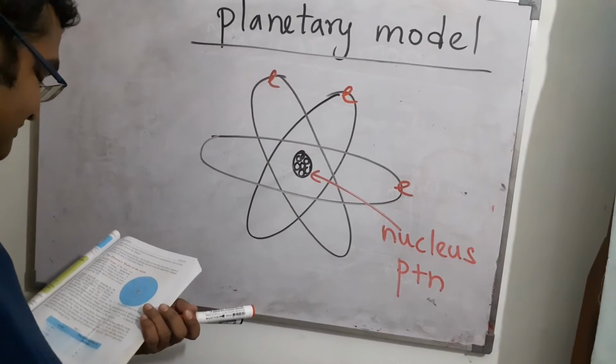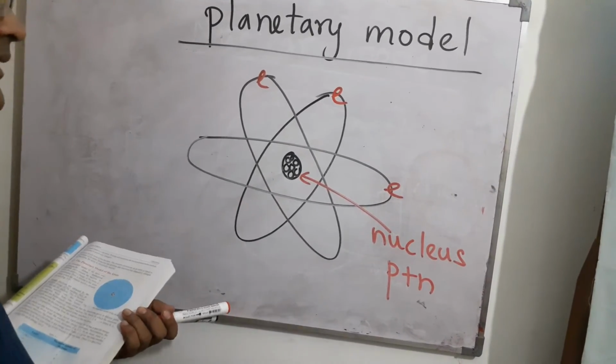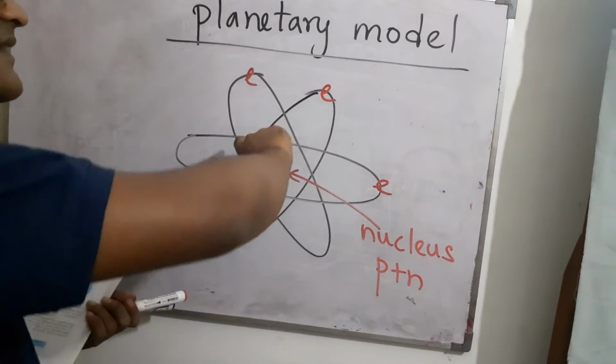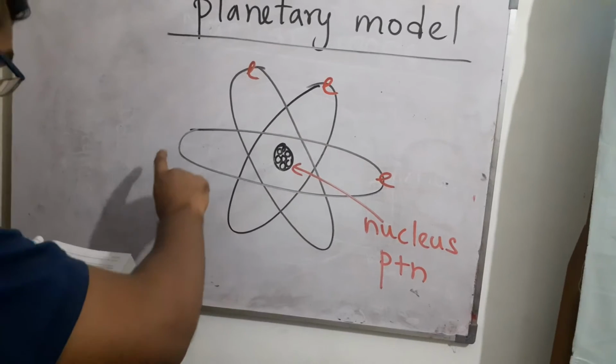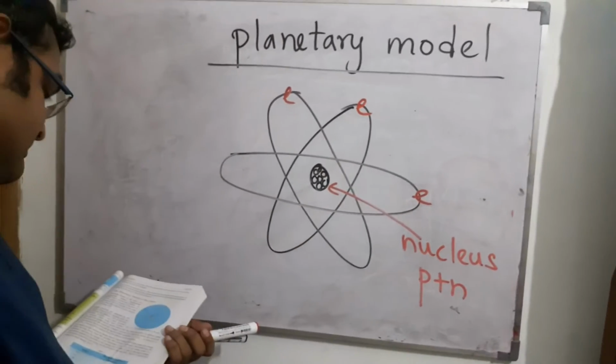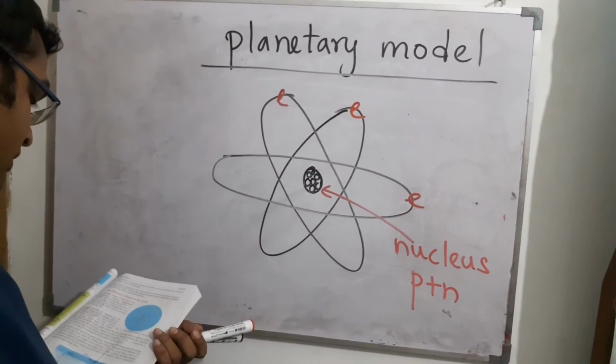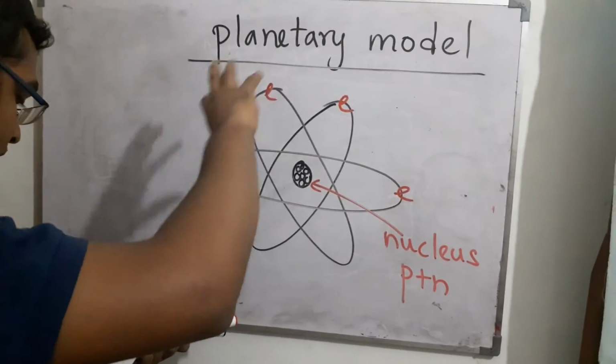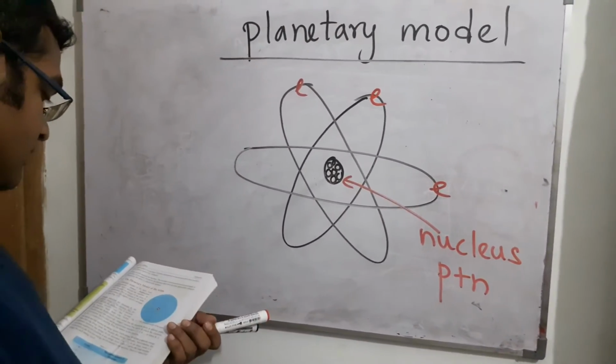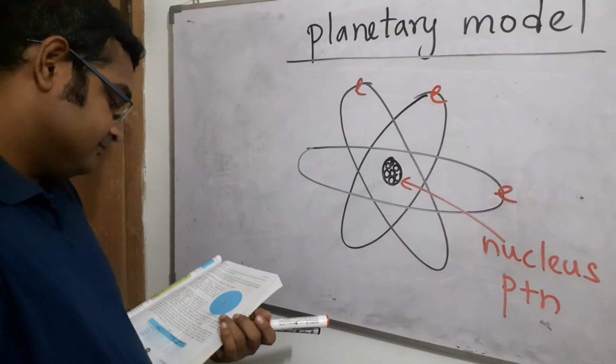Then in this model, further, these electrons are moving at very high speeds. The electrons are revolving very fast around the nucleus.